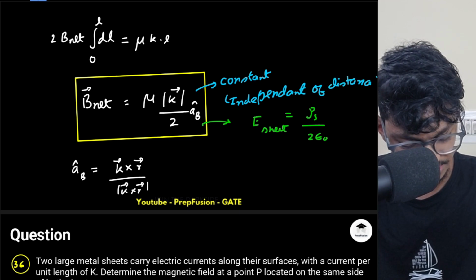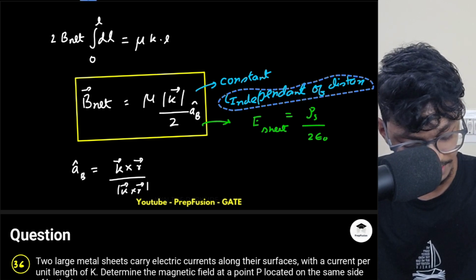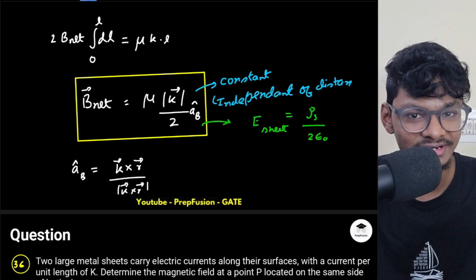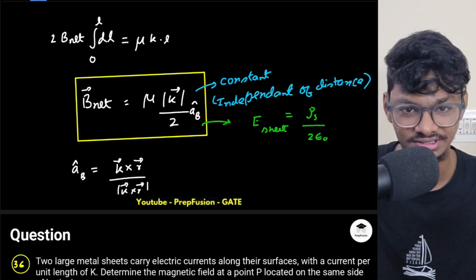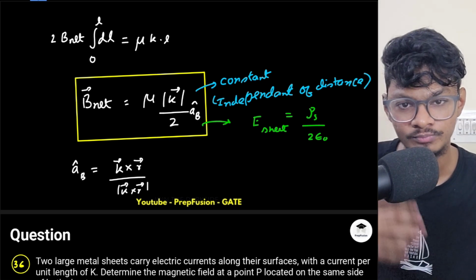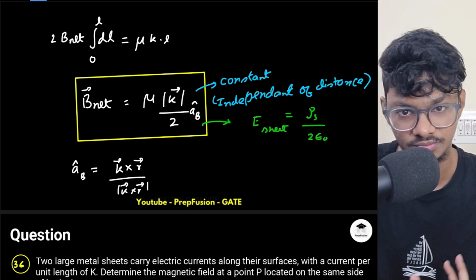Now you must say, sir, then we can increase the K as much as we want and we'll get an infinite amount of magnetic field. That is true, but is it possible to get an infinite sheet with current flowing? That is also not possible. That's why things like this come. We are just studying theoretically, then with the help of this we'll do the practical approximations.